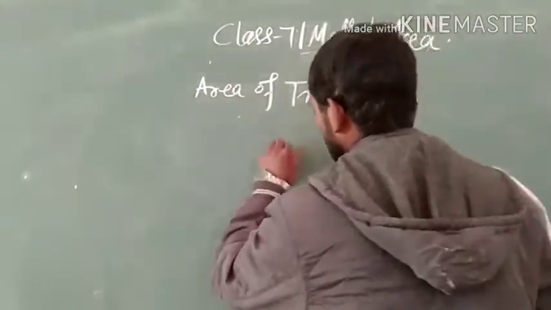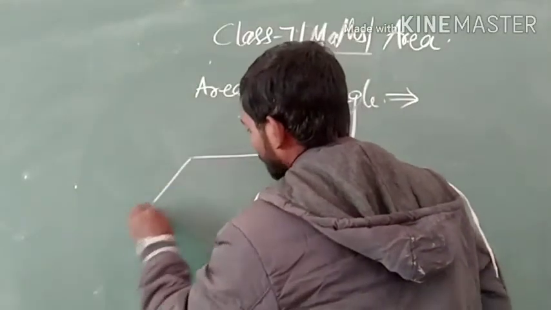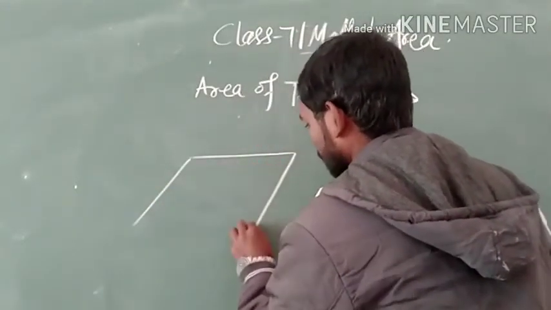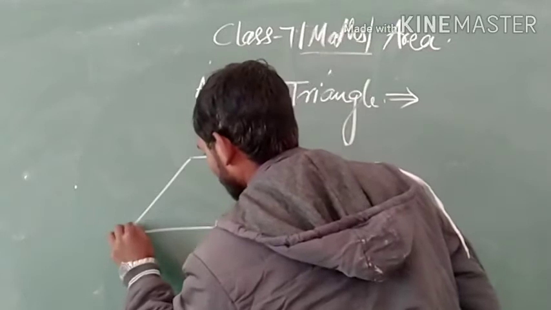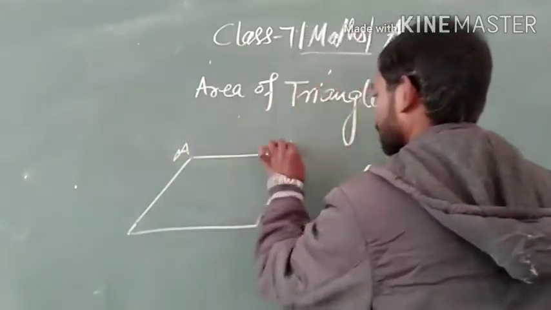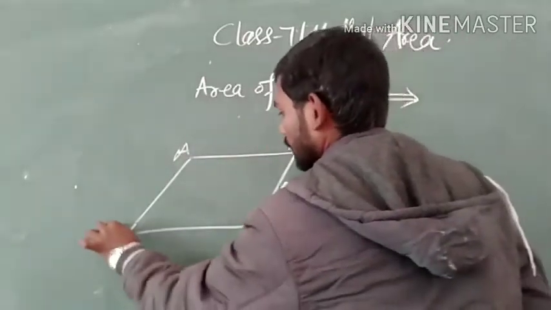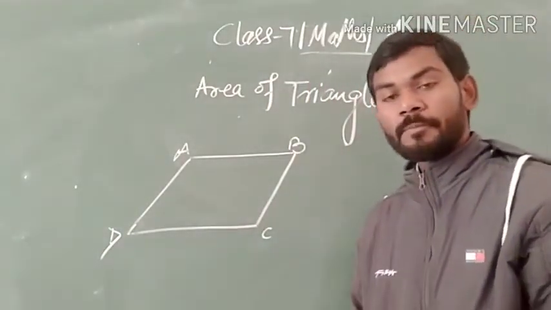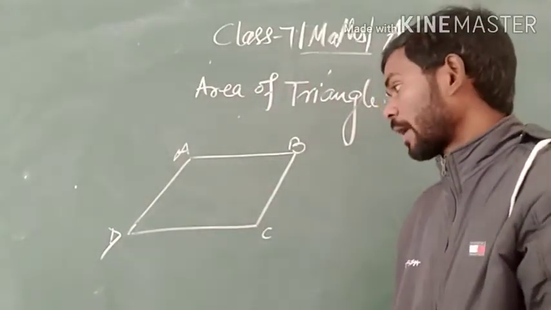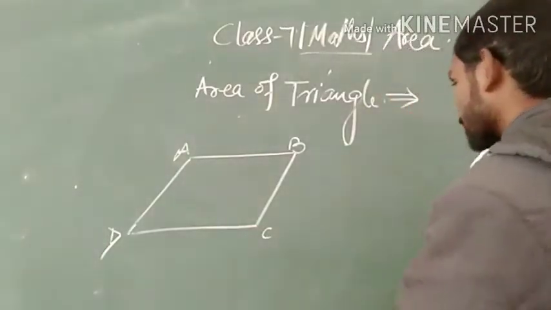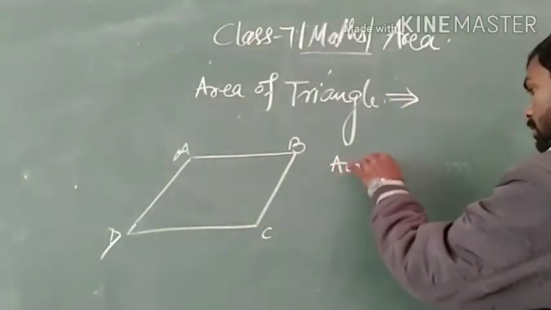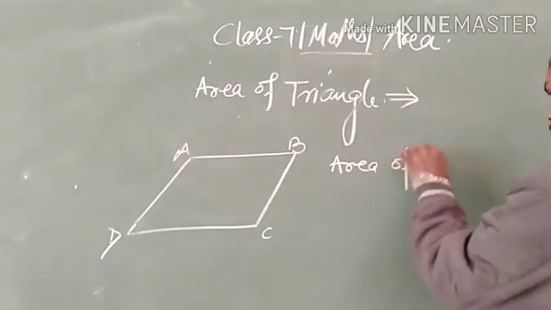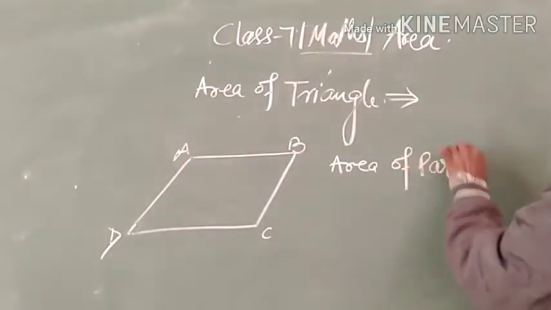Here we can see that ABCD represents a parallelogram.